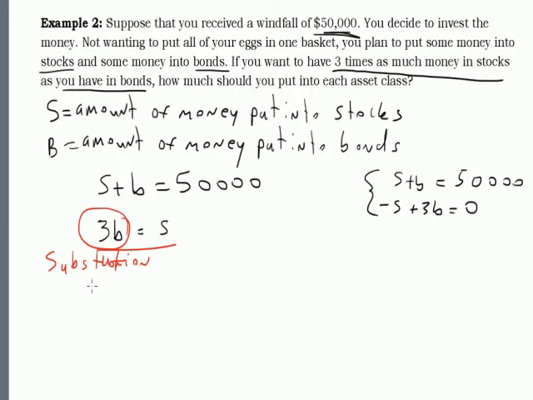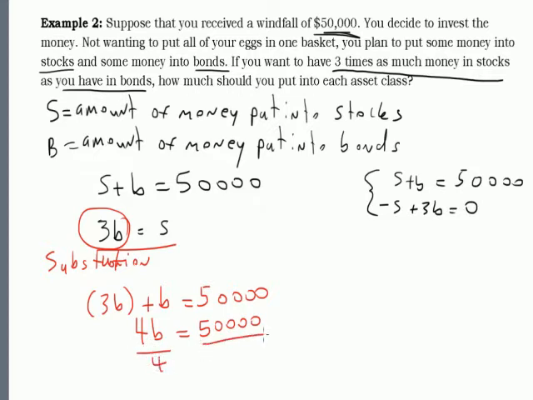So doing that, I'll leave this as red. We'll get 3B plus B equals 50,000. Well, I'm pretty sure that's going to be 4B equals 50,000, dividing both sides by 4. I'm going to get my results, and thinking through this, this should be $12,500 going into bonds.